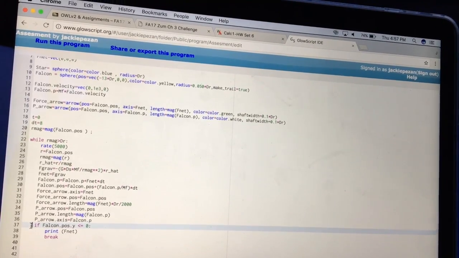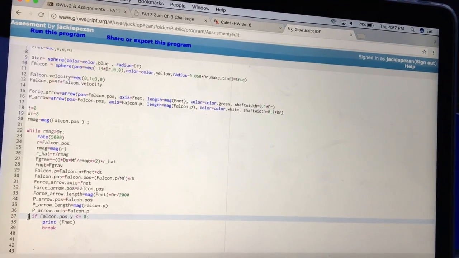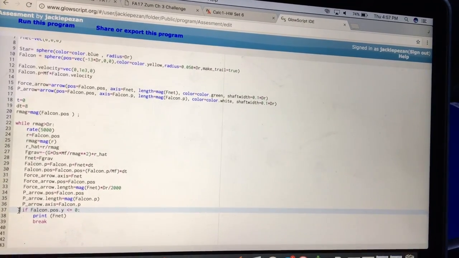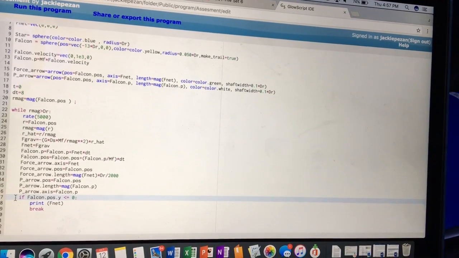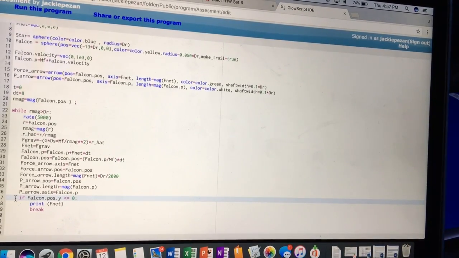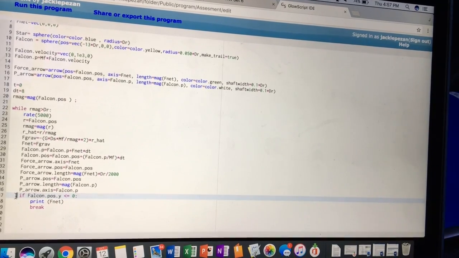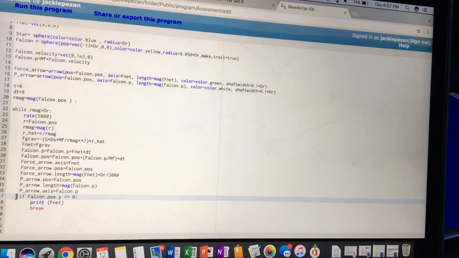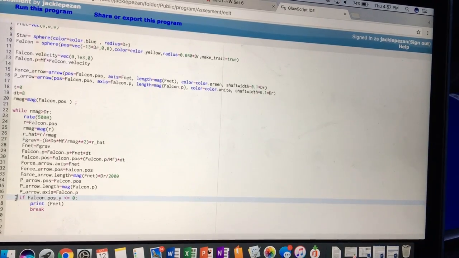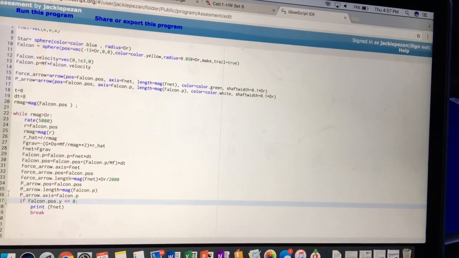Then I was able to print fnet, which basically means I can find the position, and break because I only wanted it once. I didn't want the Millennium Falcon to circle the Death Star too much, or they could be recognized by Darth Vader and be killed.